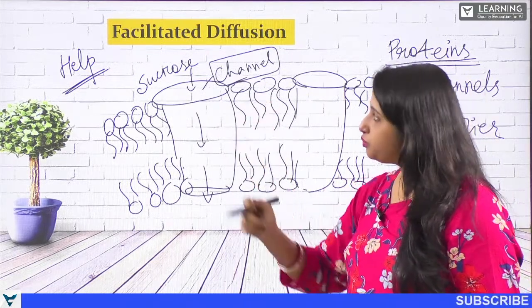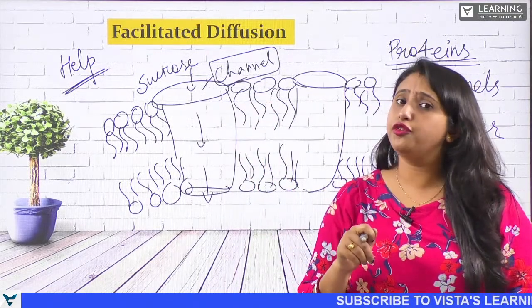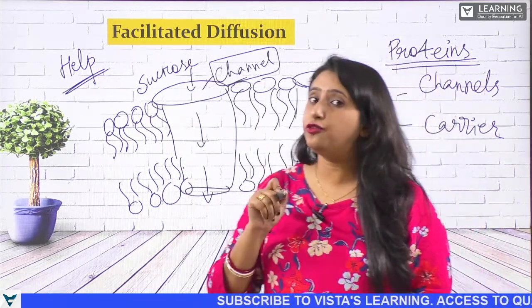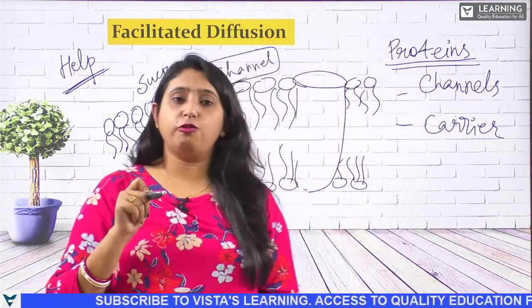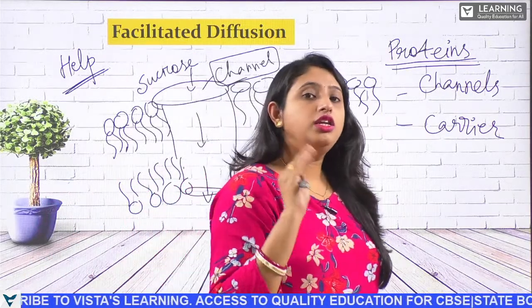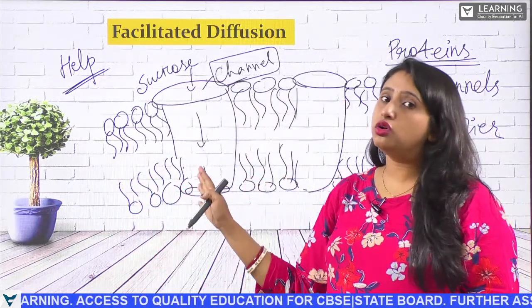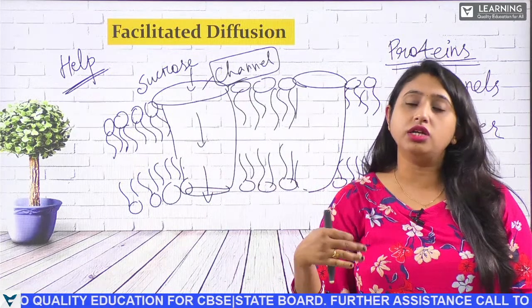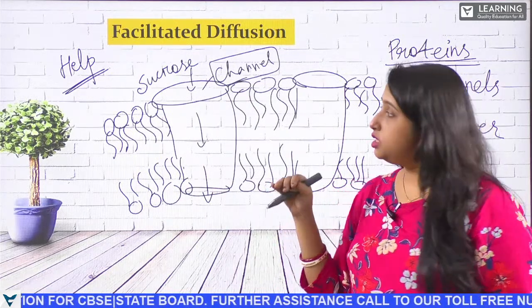In facilitated diffusion, these channels are specific. If a channel is passing only one substance, for example sucrose, it will not pass fructose. It is specific, okay?